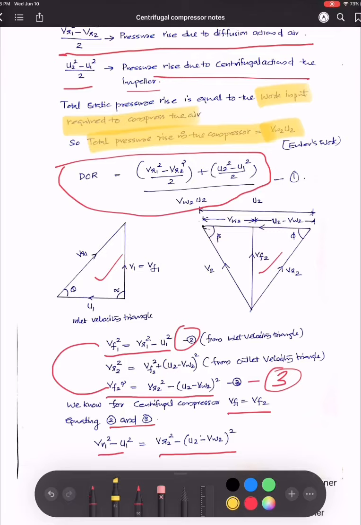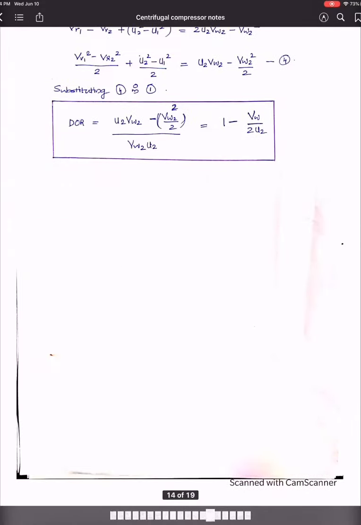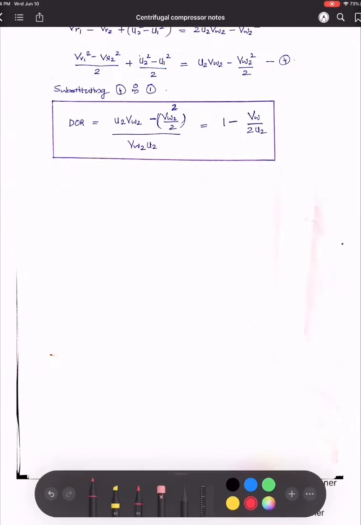Next step, we'll expand this equation. This is (A minus B) the whole square, right? So it becomes U2 square plus VW2 square minus 2 U2 VW2, and we'll rearrange the whole equation and arrive at this equation, and write it in two terms.